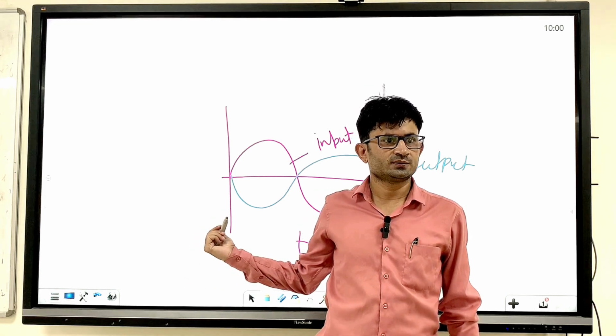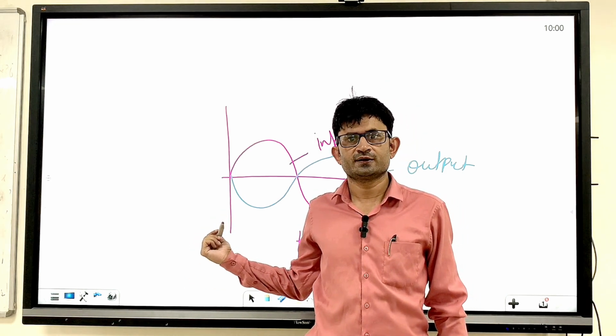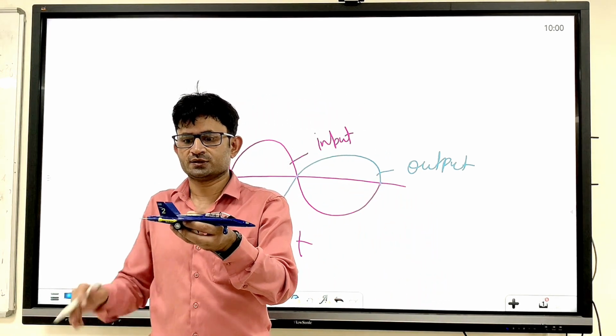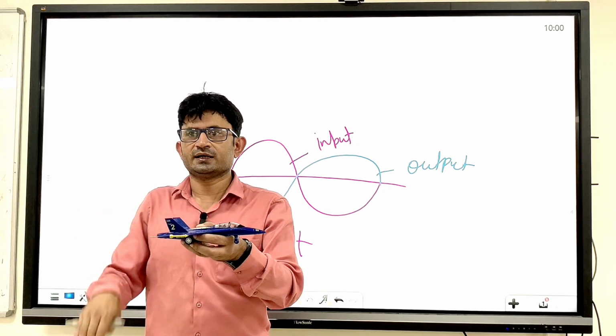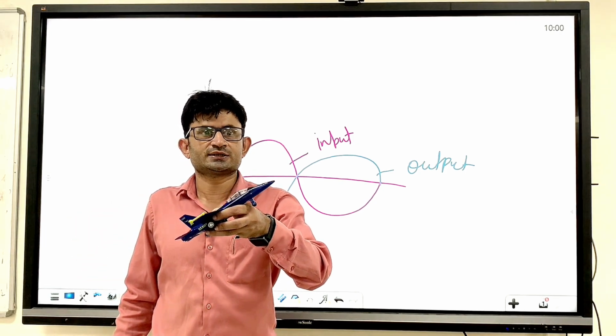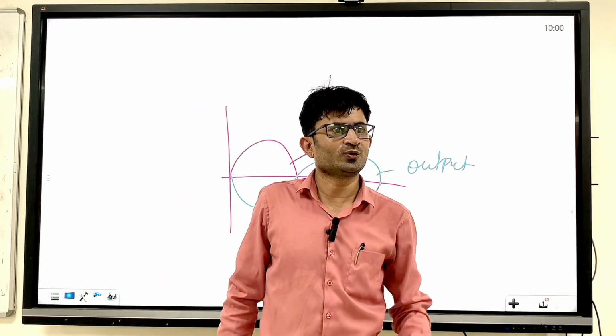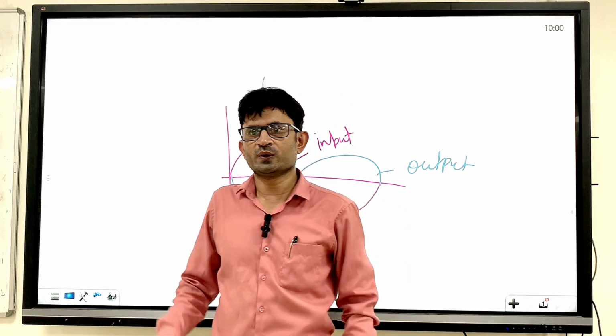Just the opposite, it is happening because of delay. That means if you consider the aircraft case, you want to deflect the aircraft pitch up, but instead at that instant it is going down. So the output is a 180-degree flip.